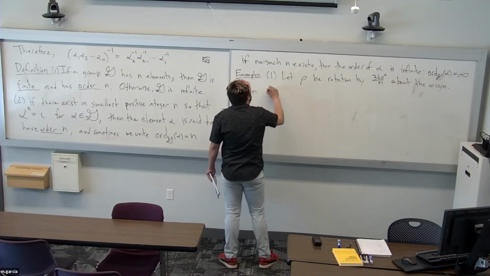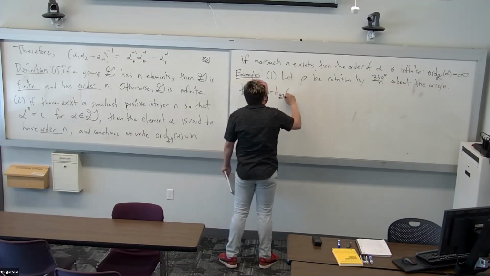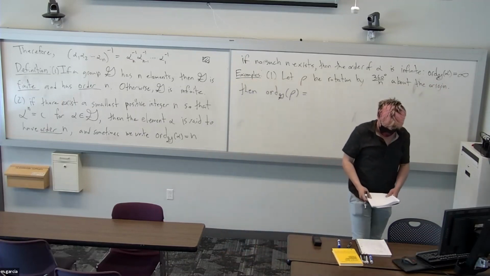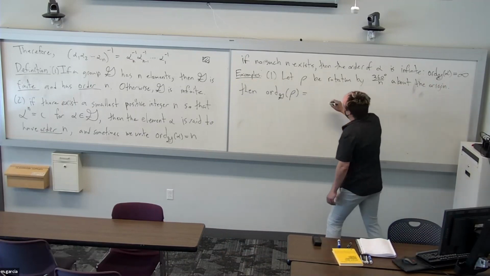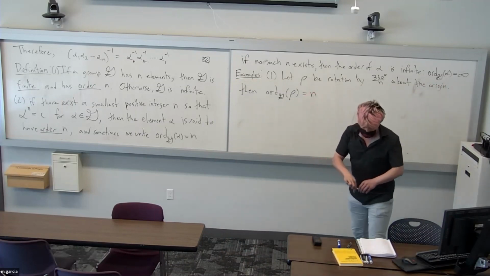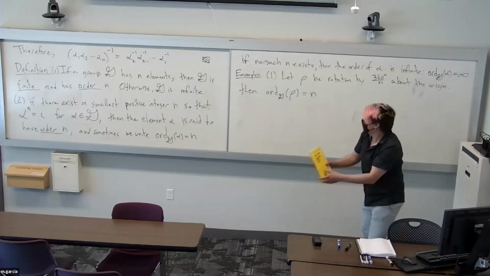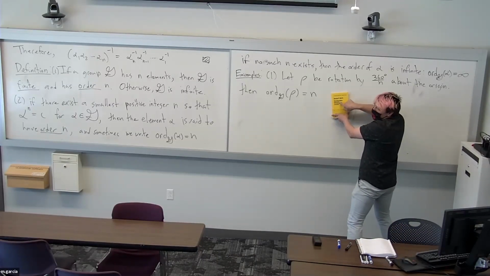Then the order of rho is equal to n. For example, if n is 4, rho is a 90-degree rotation.